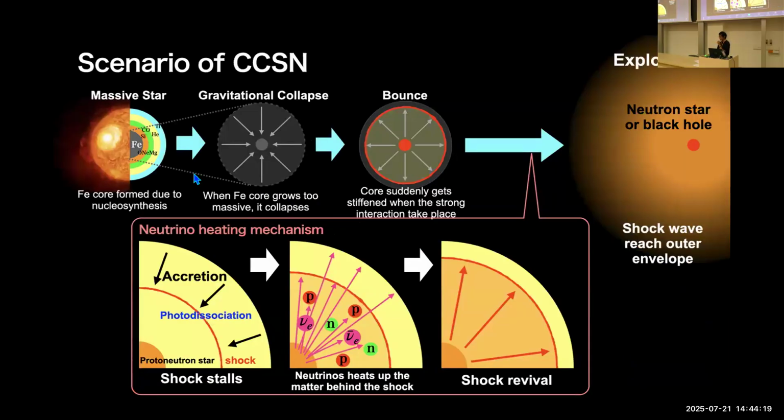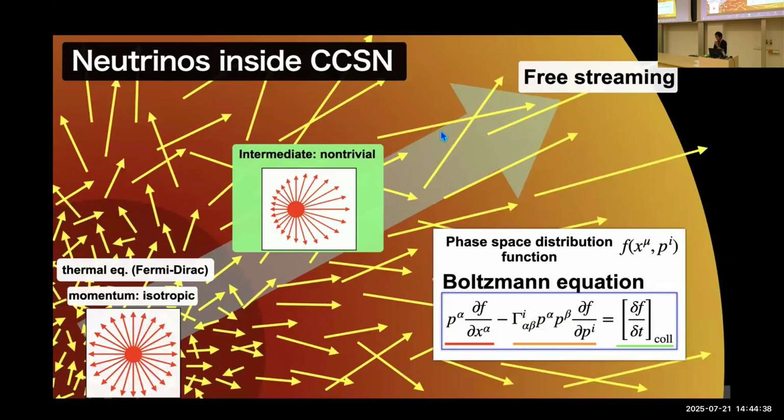We know that massive stars collapse and bounce, and for the propagation of the shock wave, you need neutrinos to heat up the matter behind the shock wave and make the supernova successful. This is a schematic picture of the neutrinos inside core-collapse supernovae, where the yellow arrows are the neutrinos.